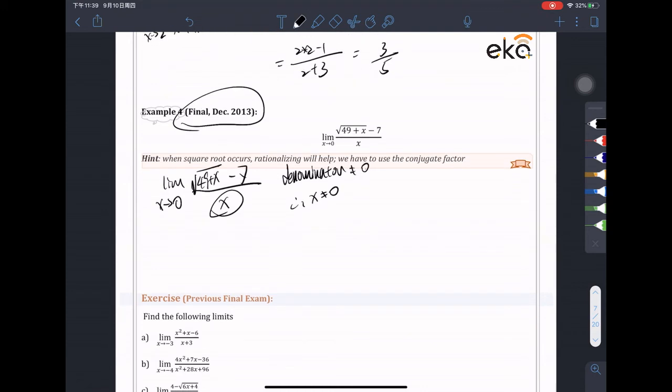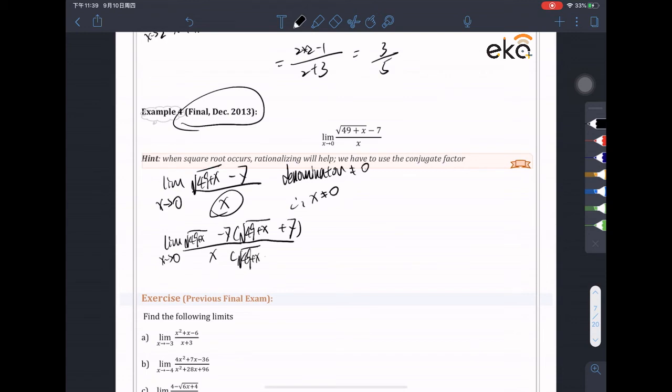Okay? So for this function, we multiply by the square root of 49 plus x plus 7 on the denominator and the numerator.